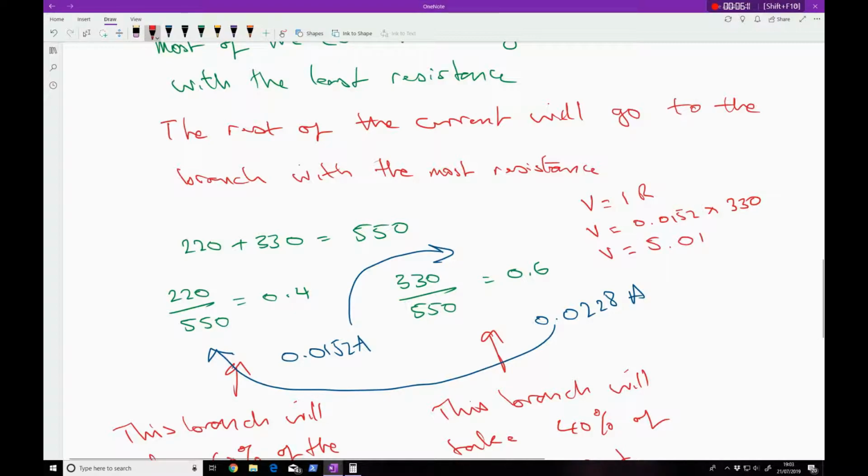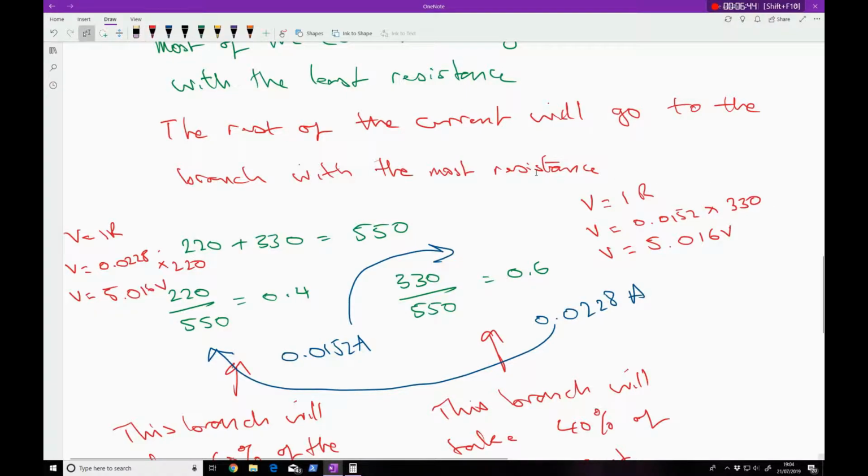So that's going to be 5.016 volts. And on this side, V equals IR, V equals 0.0228 times 220, and V should also be about 5. You can test this out on the calculator. Times 220, and it's the same exact voltage.